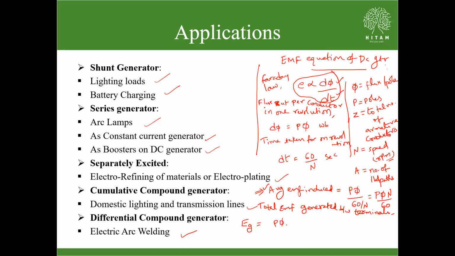So PΦN by 60 into Z by A, where Z is the total number of conductors and A is the number of parallel paths. So the conductors in each parallel path is Z by A. Therefore, EG is equal to ΦZNP by 60A. This is the EMF equation of DC generator, very important for problems.